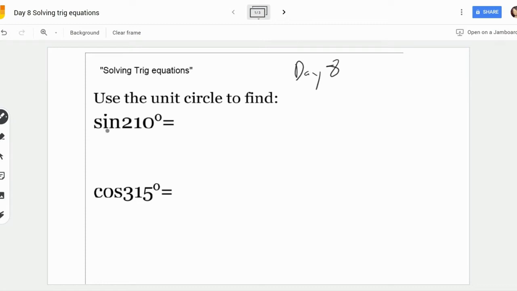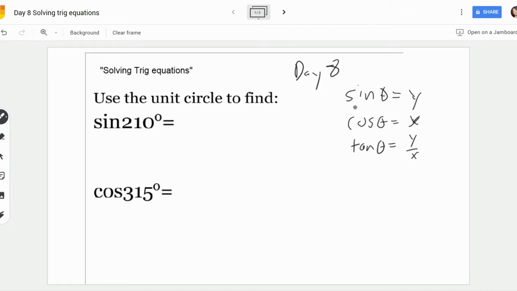So sine of 210 degrees. We have to remember that sine of theta is always equal to the y value of the ordered pair at this angle location on the unit circle. We also need to know that cosine is the x value and tangent is the ratio y over x.